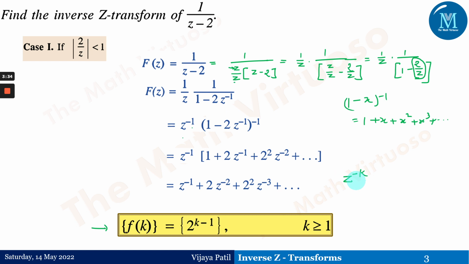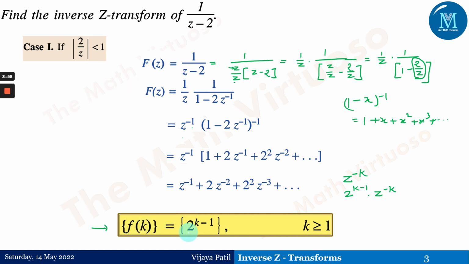In the first case, z to the power minus 1, 2 into z to the power minus 2, 2 square into z to the power minus 3, and in this way we will have 2 to the power k minus 1 into z to the power minus k.